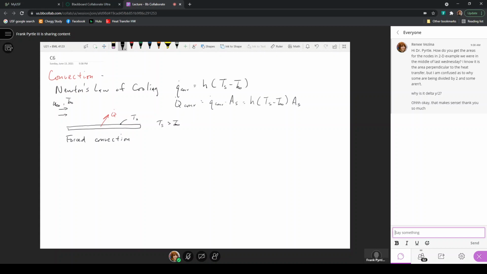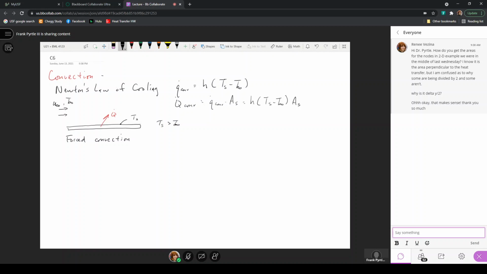That's one of the complexities associated with convection: we're not just looking at the heat transfer portion on its own, because we do have to consider how the fluid is moving and its effect on the heat transfer that would be occurring by convection.